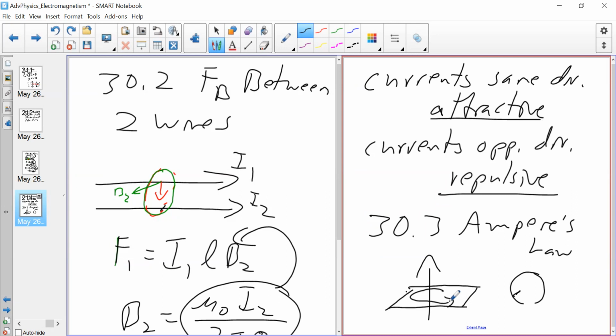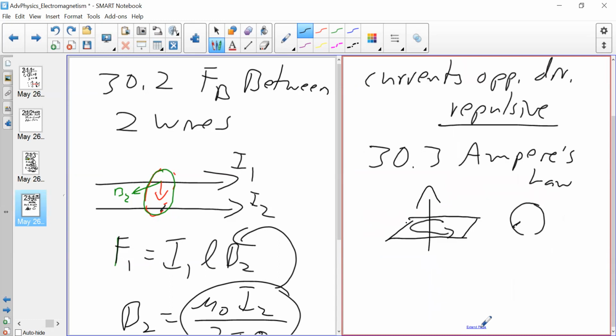Yes, no? Okay. Or you can just imagine this current coming out of the page. Your thumb comes at you. Your fingers are going to go counterclockwise.